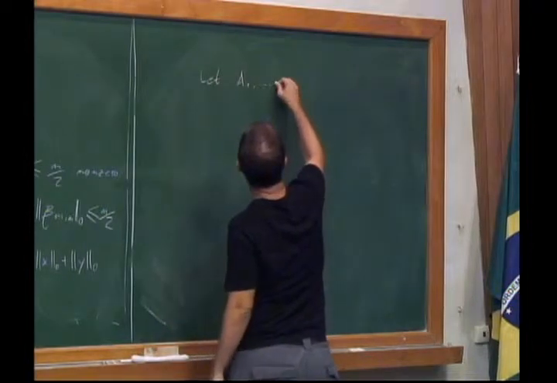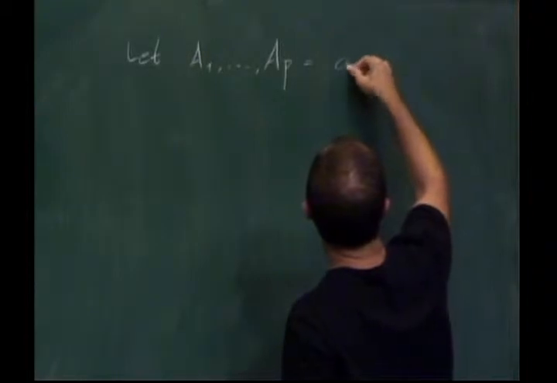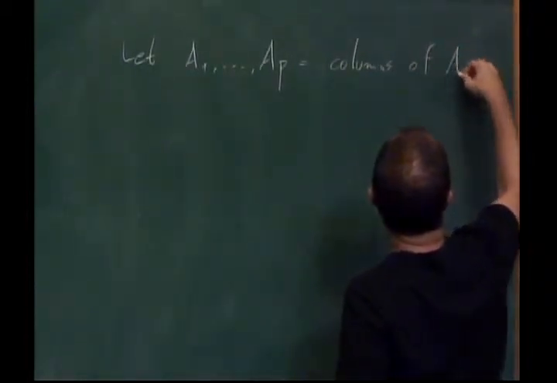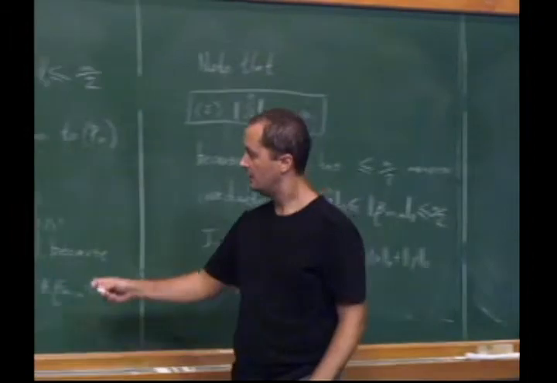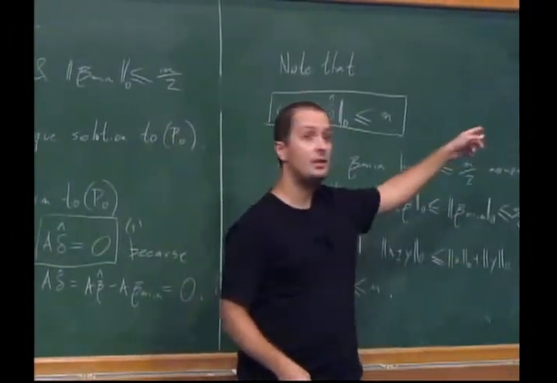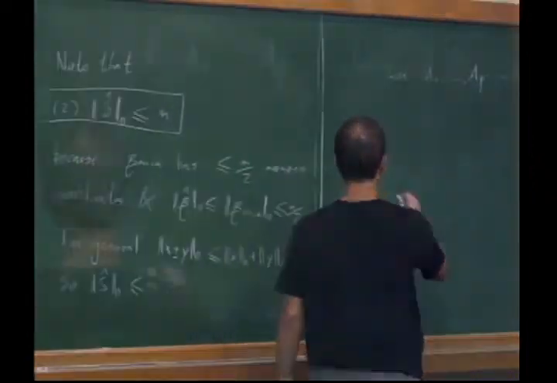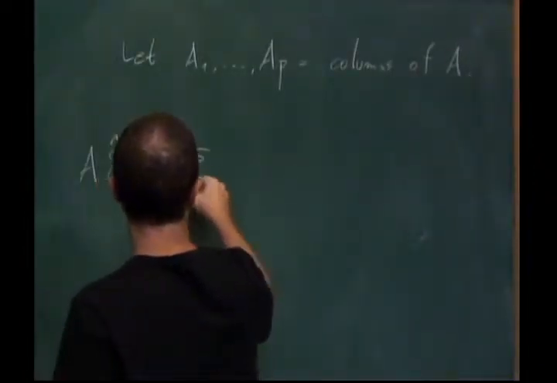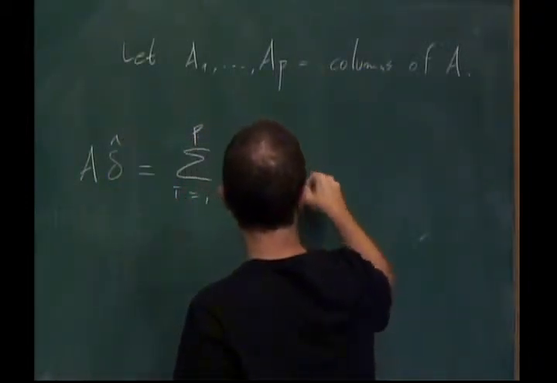Well, let's say that A1 through AP denote the columns of A. We know that when you take A times delta hat, the result is a linear combination of those vectors. So A times delta hat is a sum from i equals 1 to p of delta hat i times A i.